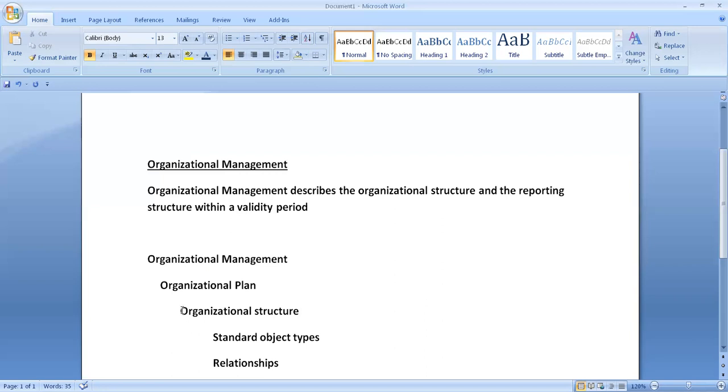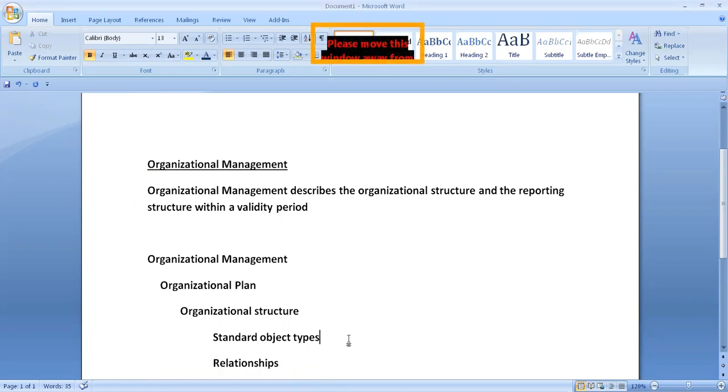To create or maintain it, you require two things: standard object types and relationships. Essentially, you are creating and maintaining the organizational structure with the help of standard object types and relationships.